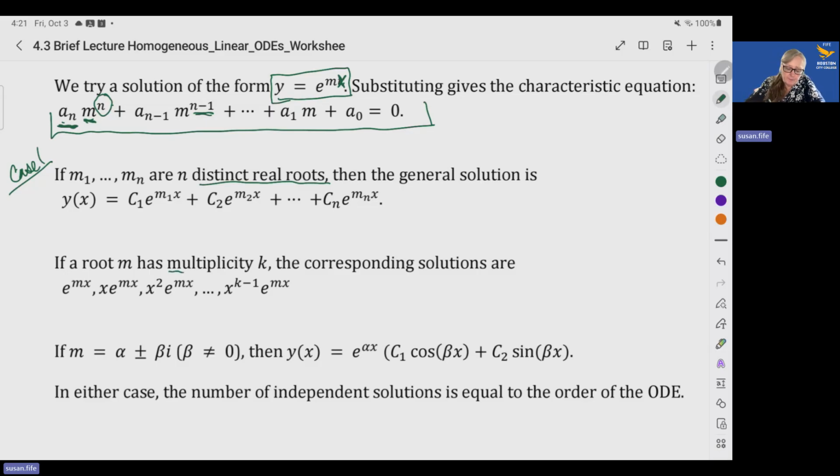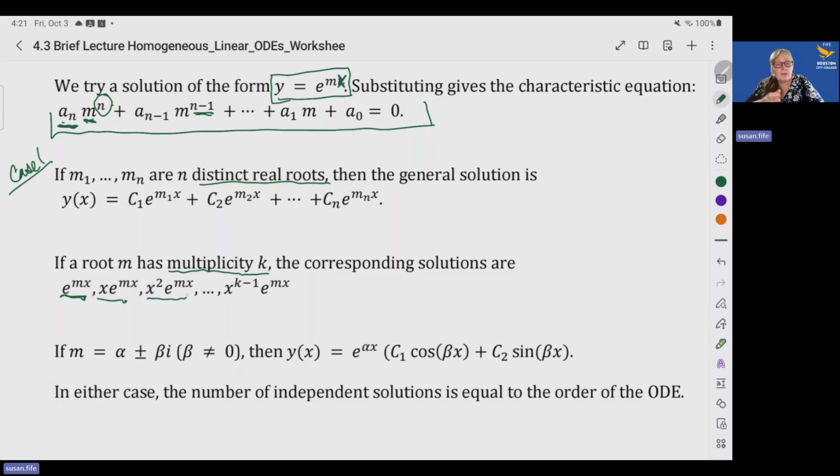If we have multiplicities, so if you have repeated roots, if you have a root m with multiplicity k, then one solution is going to be e to the mx. The next one is going to be x e to the mx, and then x squared e to the mx.